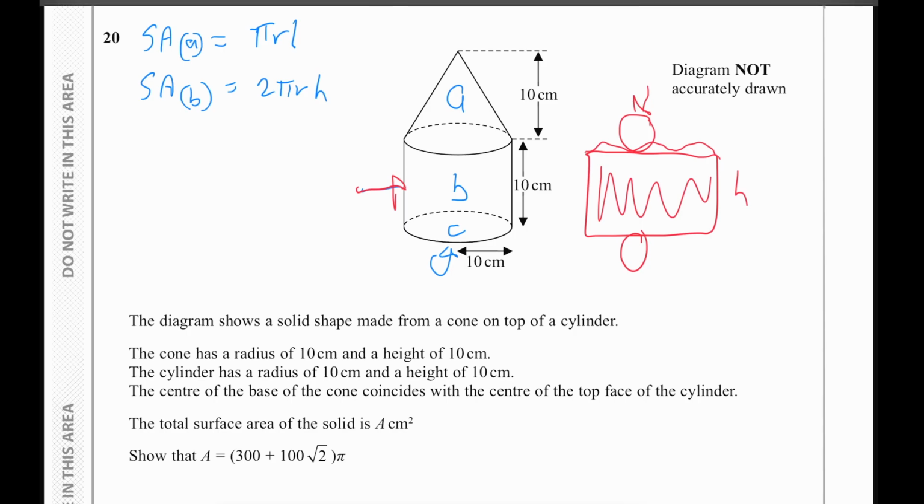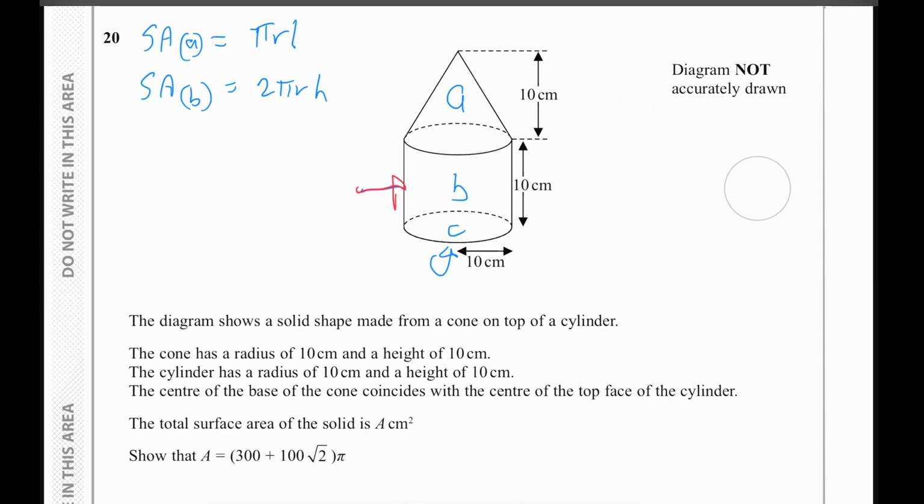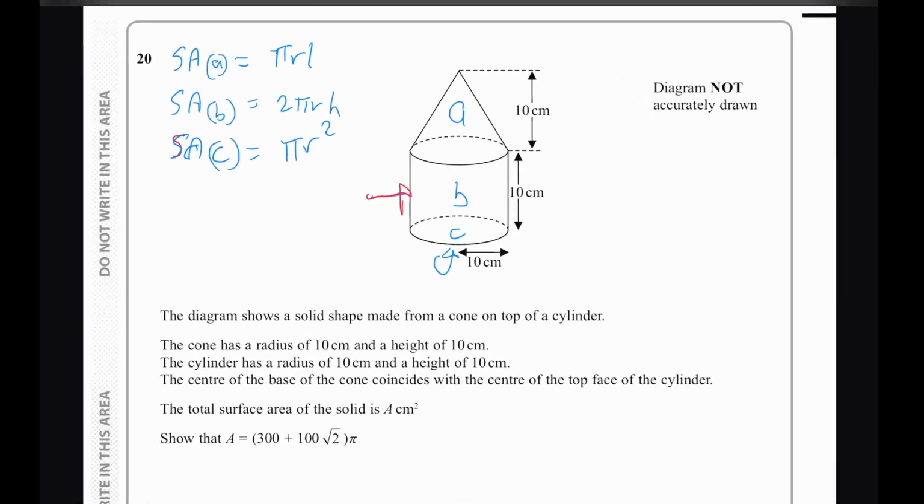So it's essentially just circumference of my cone times by height. So that's how we get that formula. That's not given to you, so you do have to learn that one. And then the surface area of C, which is just the area of a circle.